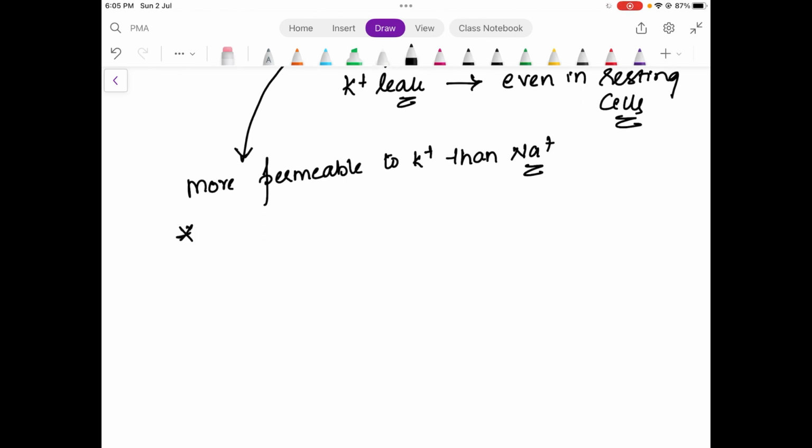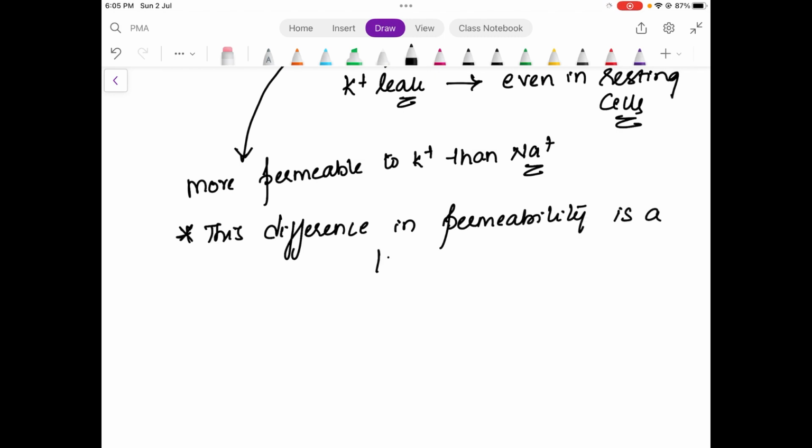And this difference in permeability of ions, permeability, is a key factor which determines resting membrane potential.